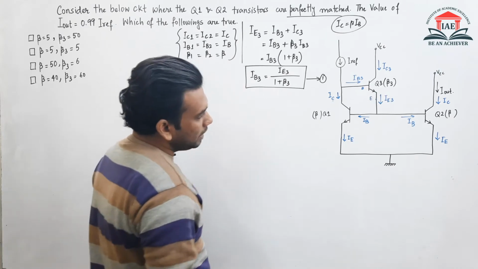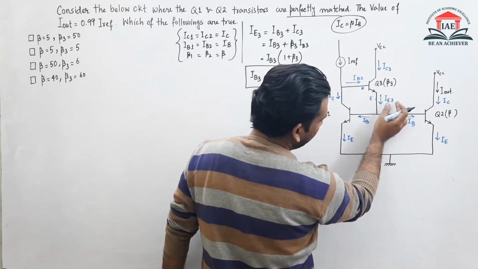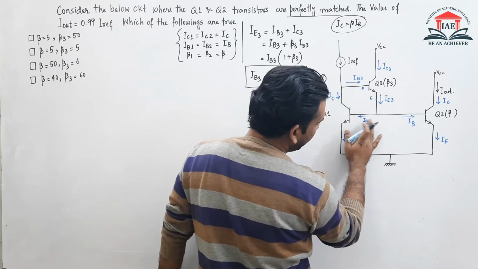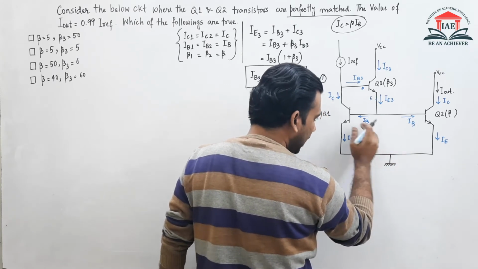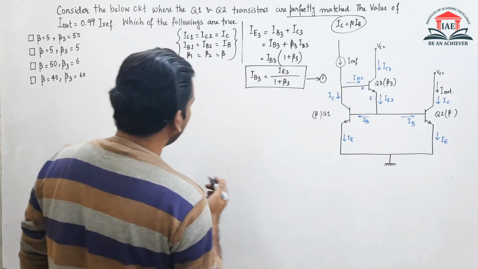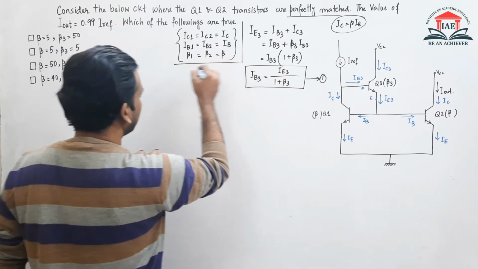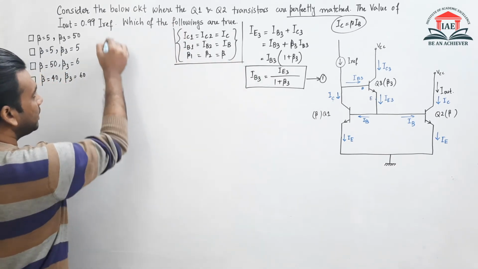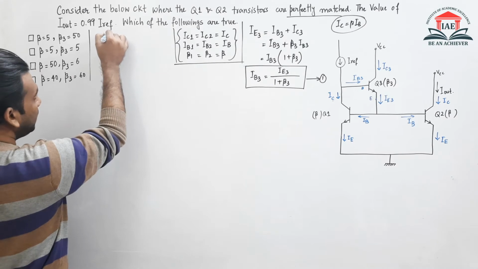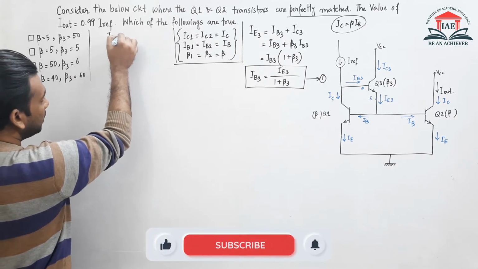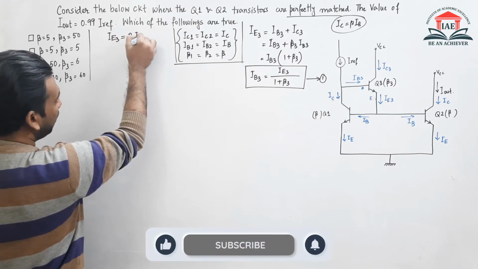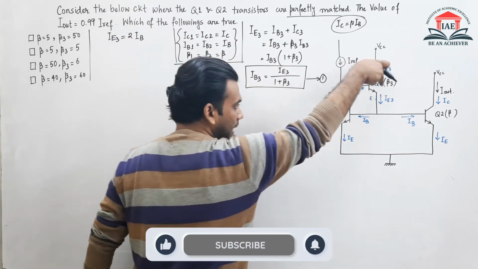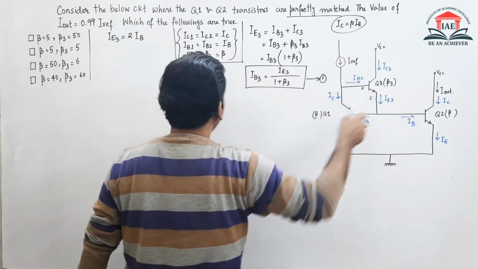Another thing, ये जो IE3 current है, this IE3 current is dividing into two parts, ये IB, ये IB. So that means I can also write another equation, that IE3 is equal to 2 of IB.